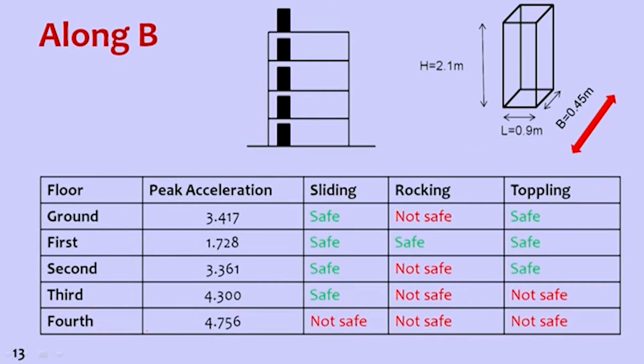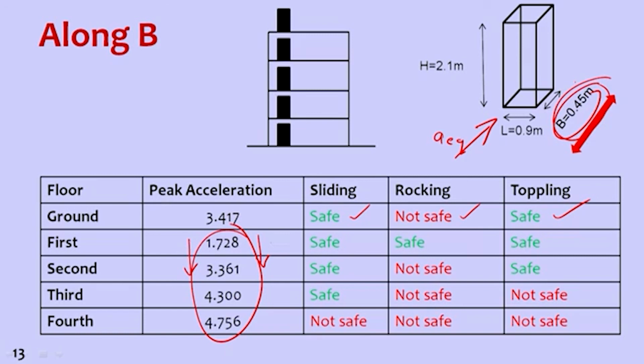So in summary, when the structure is placed along the direction of B and we are considering the force or the acceleration direction parallel to B, here we can see it was safe, not safe, or safe, like this. One more point we have to consider is that as we go from the first floor to the fourth floor, PGA goes on increasing. The two major factors which decide the safety of any non-structural element for sliding, rocking and toppling are the PGA value and the direction or the side along which it is kept.